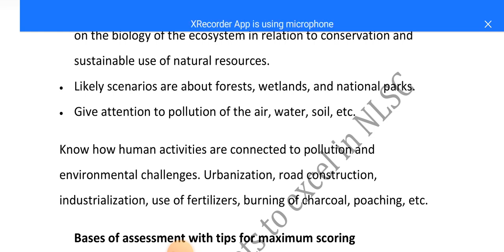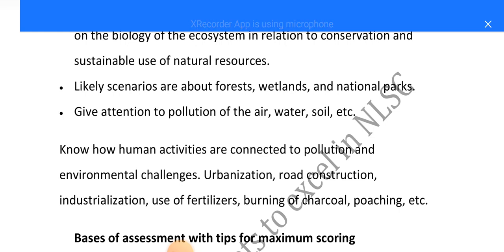Now when you look at section B part 1, I said earlier that this part has got two items, of which a learner must answer one item. Actually, we are going to look at the basis of assessment with the tips for maximum scoring. Before you go to that, what you should put in mind is that when you are answering these questions, first of all you have to read, and when you are reading, you have to identify some of the important words in the scenario.